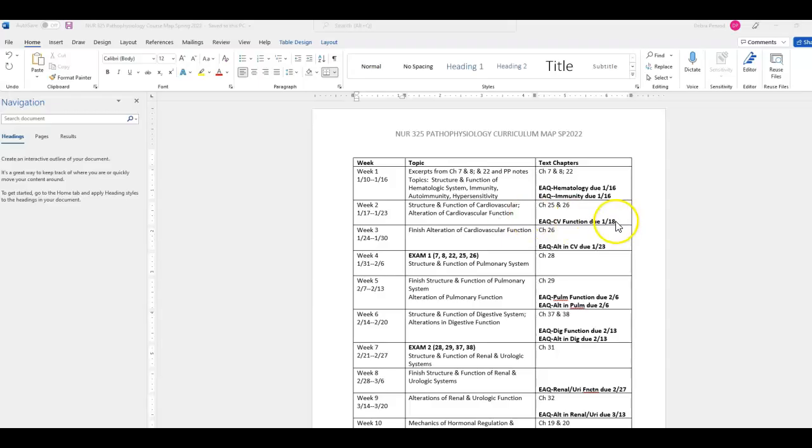I want to make sure you get that EAQ done before I lecture on it on the 19th. This is the only time that I have an EAQ that's due other than on a Sunday evening. I'm doubling back, but I think you can handle it.